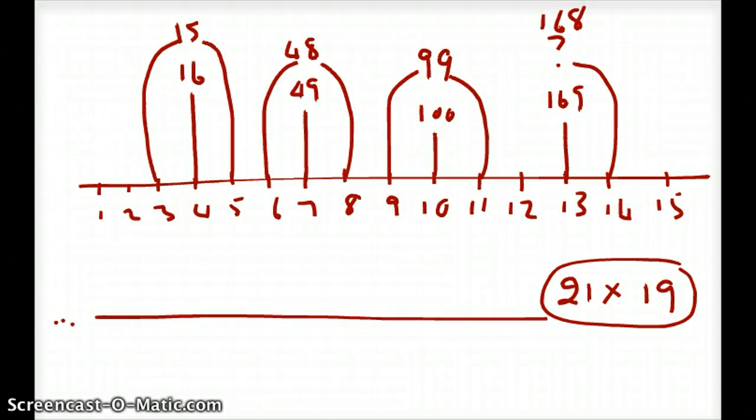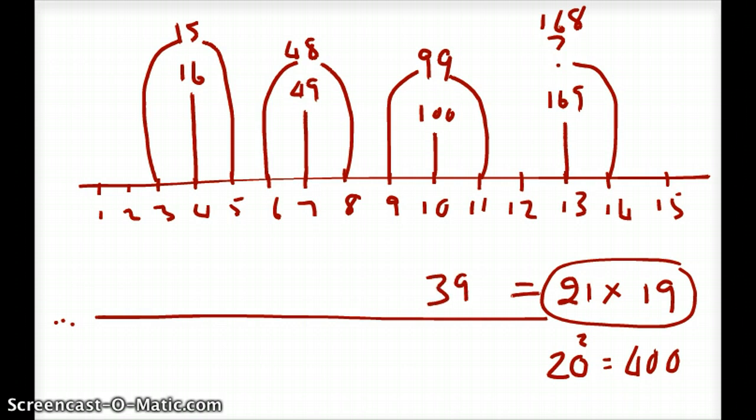So you're thinking about 20 squared is 400, and now you've learned something. This has to be 399. I wonder what is going on here.